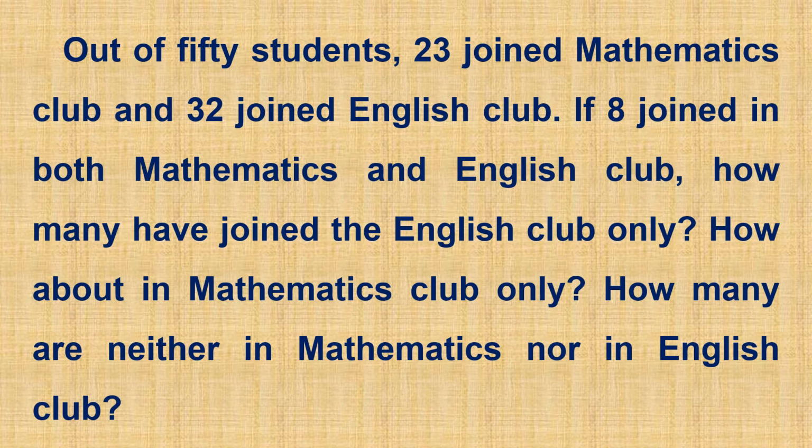How many are neither in Mathematics nor in English Club? Can you figure out the answers to these questions? Don't worry, because this lesson will help you solve many problems involving sets. To understand more about it, let us explore.